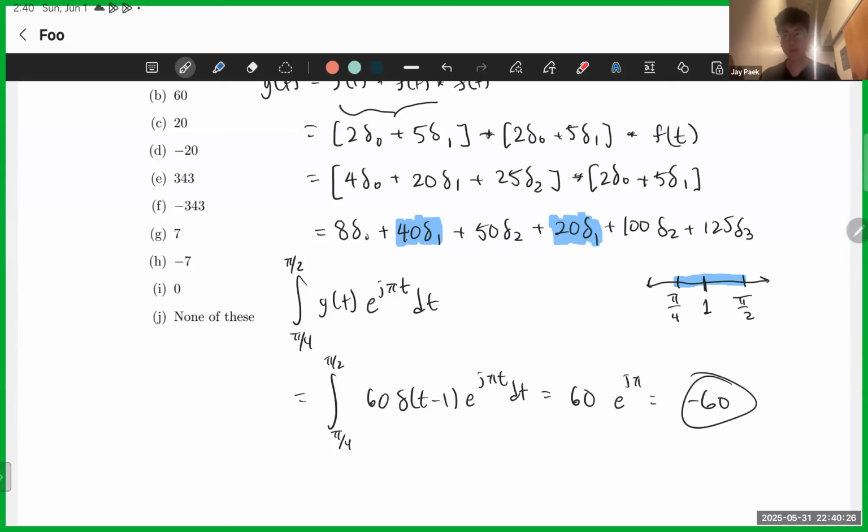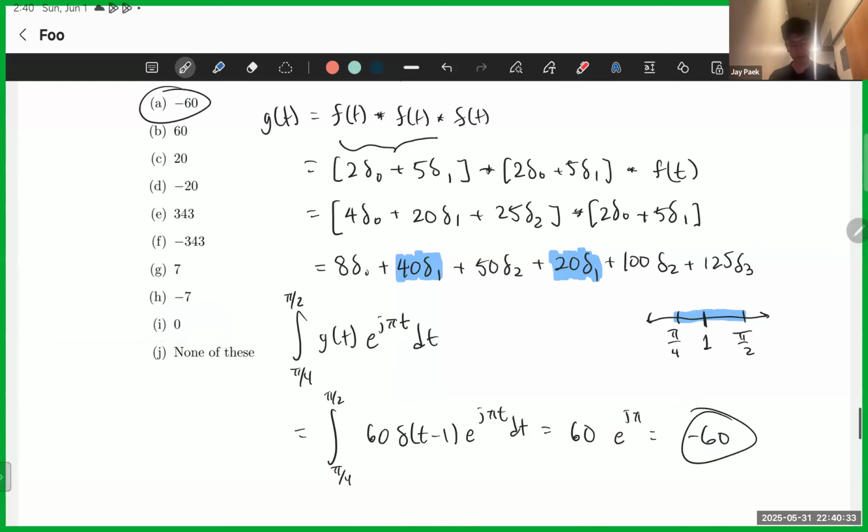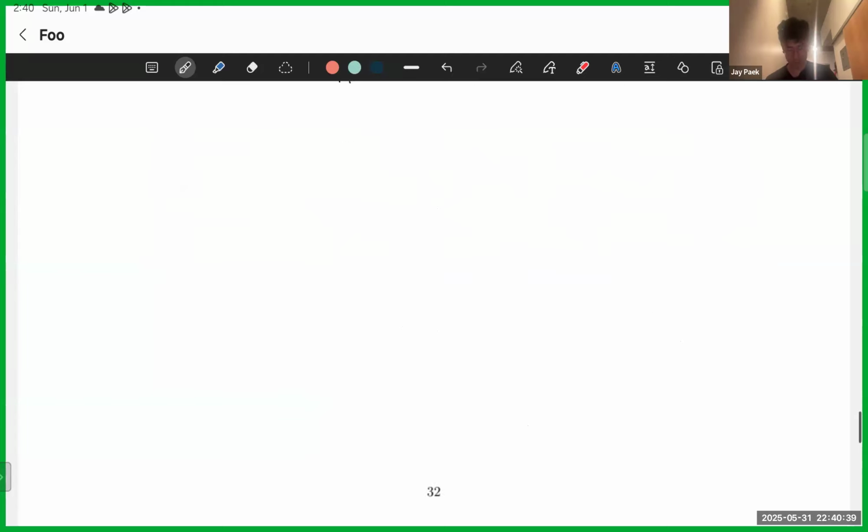Voila. Amazing. So it's just important to really understand the relationship between how delta functions interact with the integral.